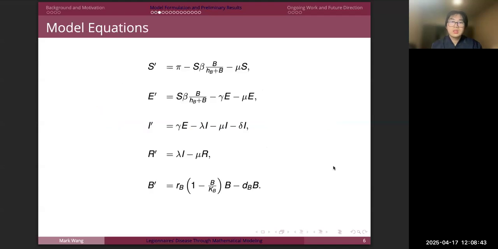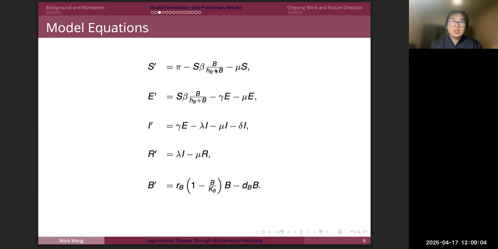Translating this into a more mathematical model, where our state variables are ordinary differential equations, we have these equations as shown. In our susceptible and exposed equations, we have this B over (H_B plus B) term multiplied by beta, the transmission rate.